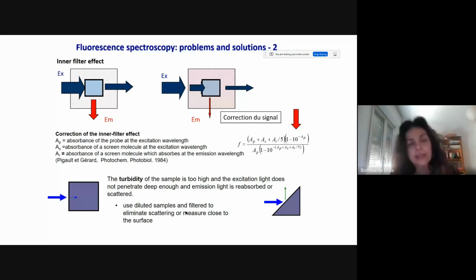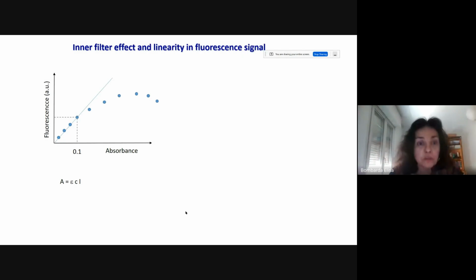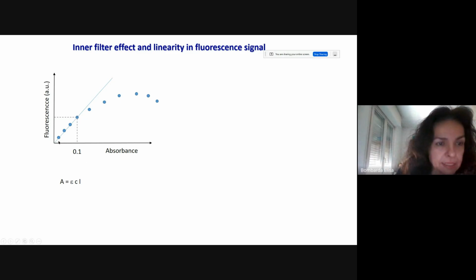So yeah, let's see also the effect of the inner filter effect, and let's talk about what is known as linearity of fluorescence. So this we can measure. Let's say in this experiment, that is the measurement of fluorescence of a fluorophore at different concentrations.